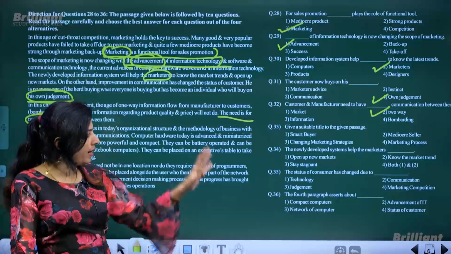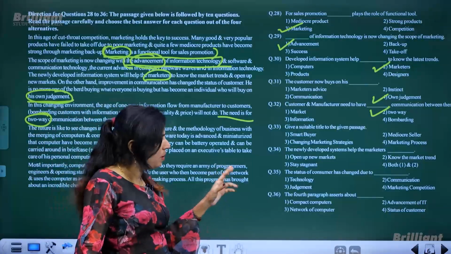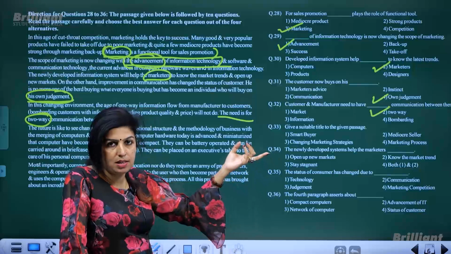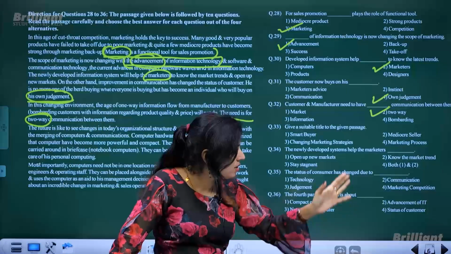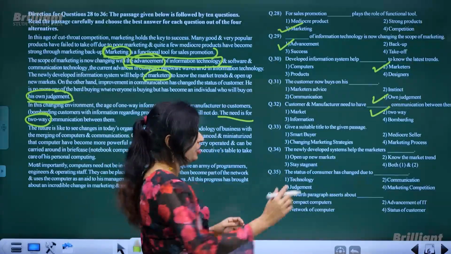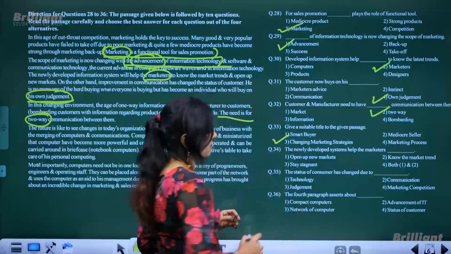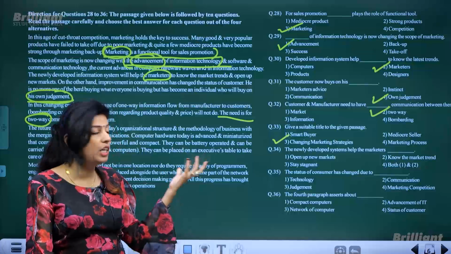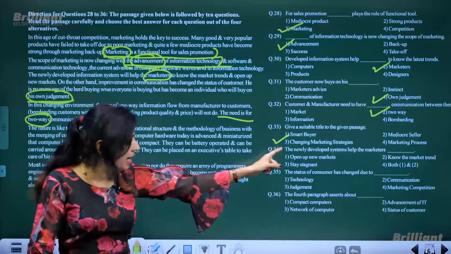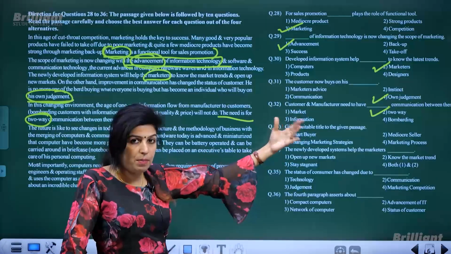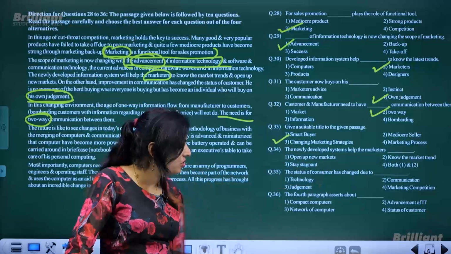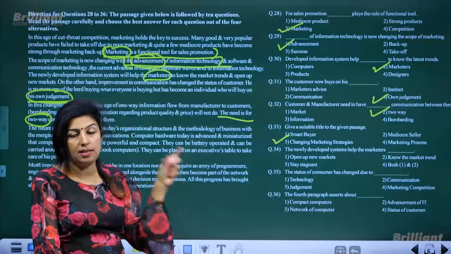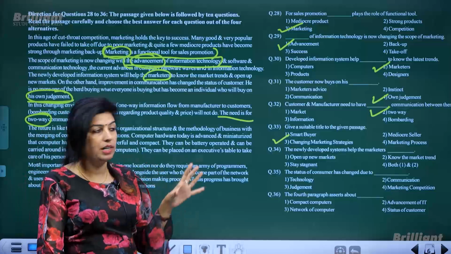Okay. So, what is this passage all about? Is it all about smart buyer, smart customer? No. Is it about mediocre seller? No. But changing marketing strategies, different techniques and strategies that we have in the field of marketing. So, developing and changing marketing strategies or techniques, that is the overall or central idea of this passage.